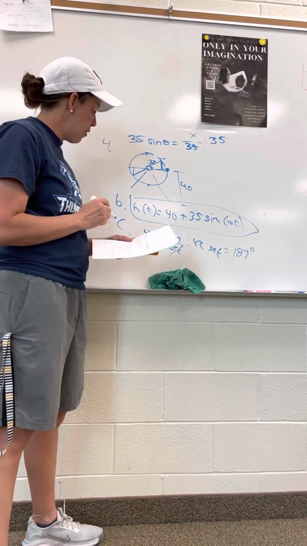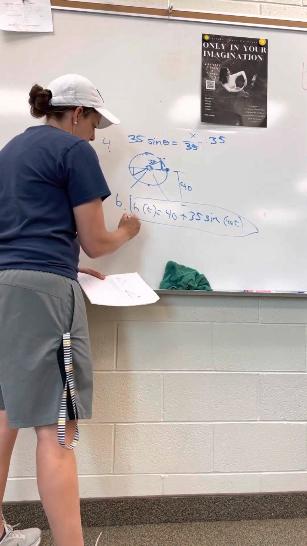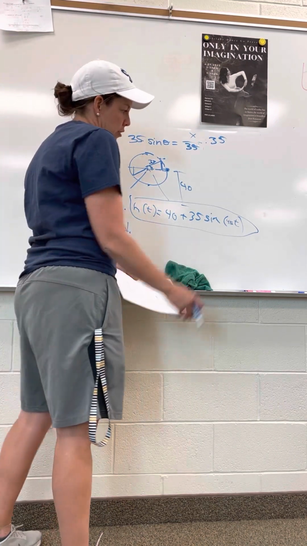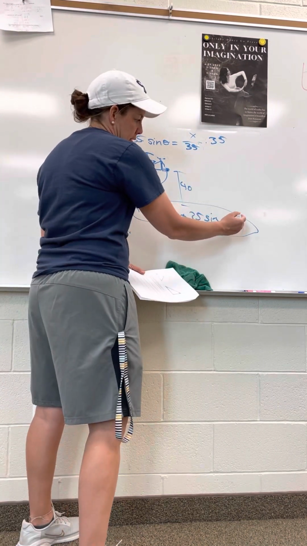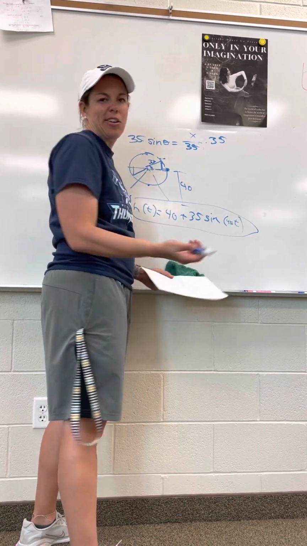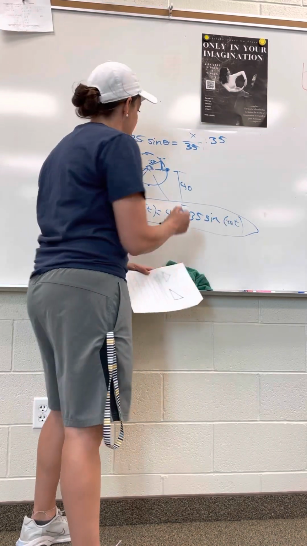Okay, so now D is how high off the ground are you at that 42 seconds? So we have two options. We can just put 189 degrees right in there because we already calculated what our angle is at 42 seconds, right?